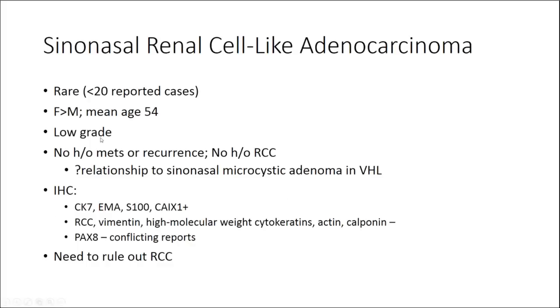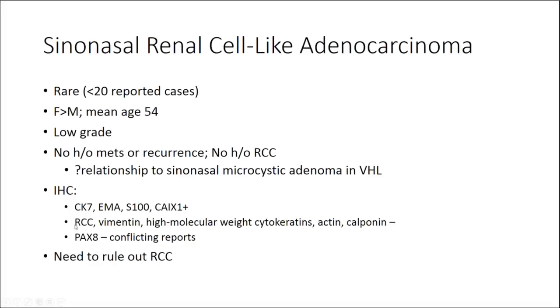And there have been some lesions described in patients with VHL of these microcystic adenomas. So there's some thought of, are these two entities related to one another? And with how infrequent these lesions are, it's been very hard to put studies together.